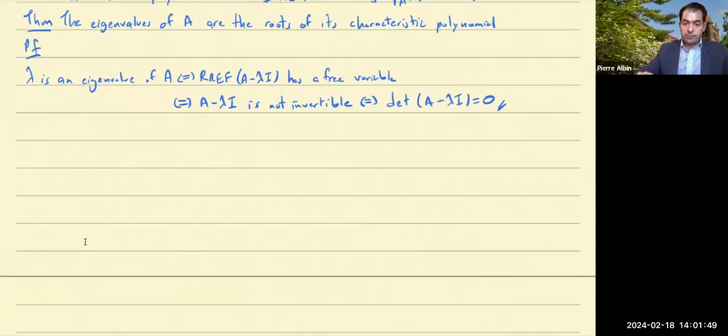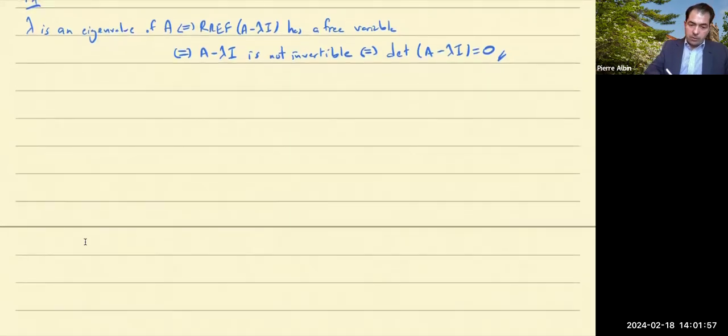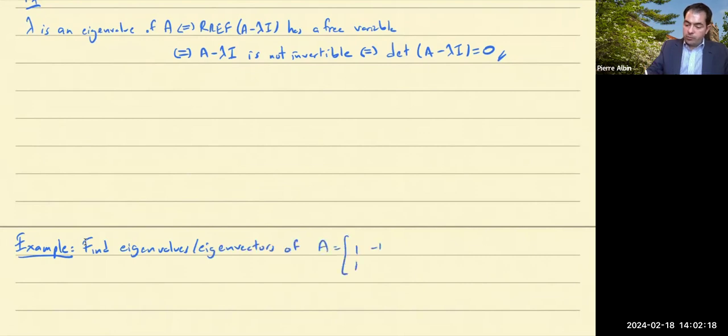Okay, so let's do an example where we want to use both methods. Find eigenvalues, eigenvectors of this matrix 1, 1, minus 1, 1 using both methods.